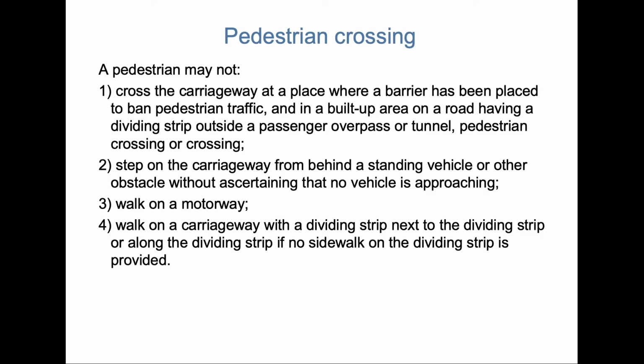Pedestrians also have some rules they have to follow. You can read this. So a pedestrian may not walk on the motorway, for example. He cannot move on the road without ascertaining that no vehicle is approaching, for example. That is the second.